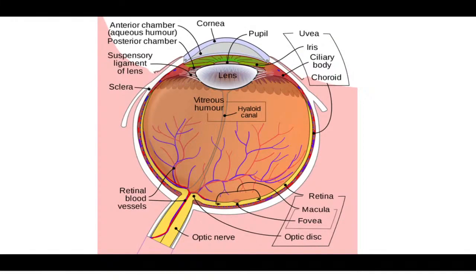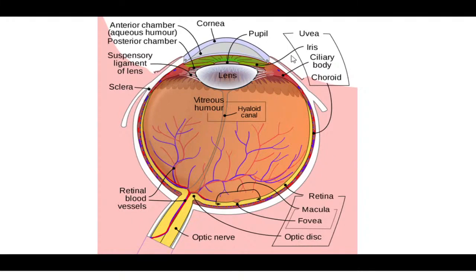And we have seen our eyeball like a system of very difficult organized organ. We have seen eyeball which contains tunica fibrosa, tunica vasculosa. Tunica fibrosa is sclera, tunica vasculosa is choroid.